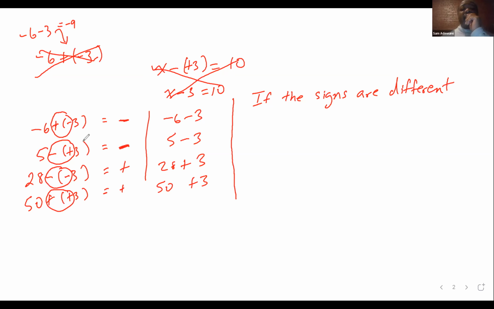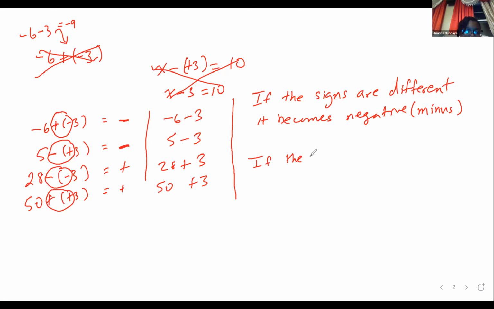Plus, minus, minus, plus. What happens? If the signs are different, it's always going to be negative. And so now if I look at this, minus, minus, plus, plus, what happens to the sign? If the signs are the same, it always becomes a positive.